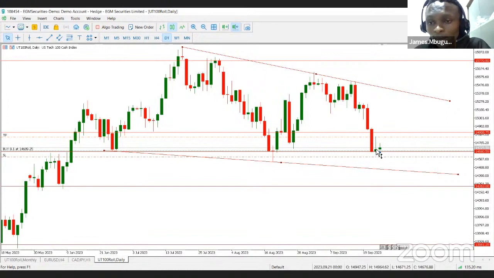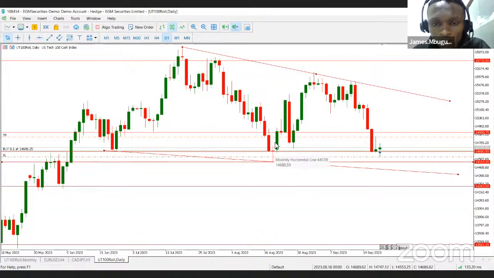And yeah, also my other analysis was that we are also going to have some, you see here, when we had this rejection or this doji candlestick or indecision. So at this point, the market came at this point and it was rejected.